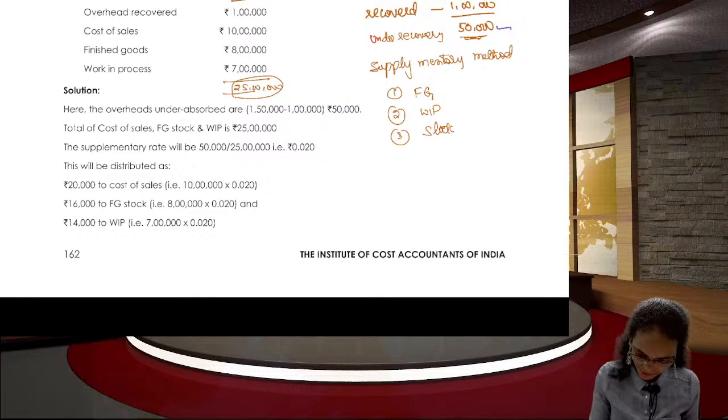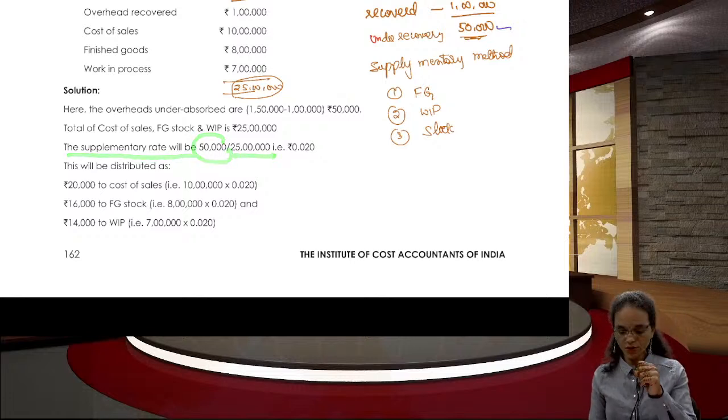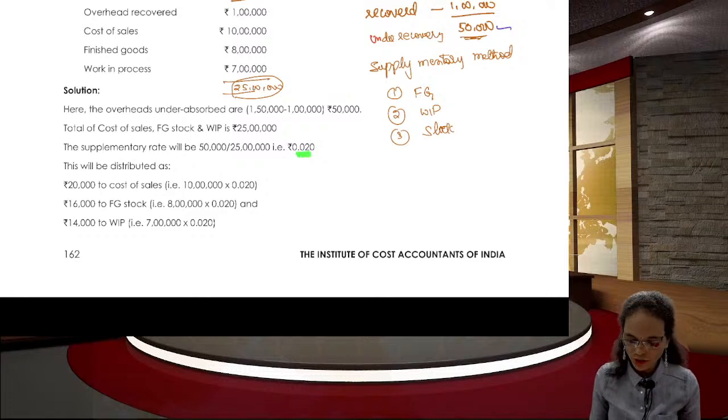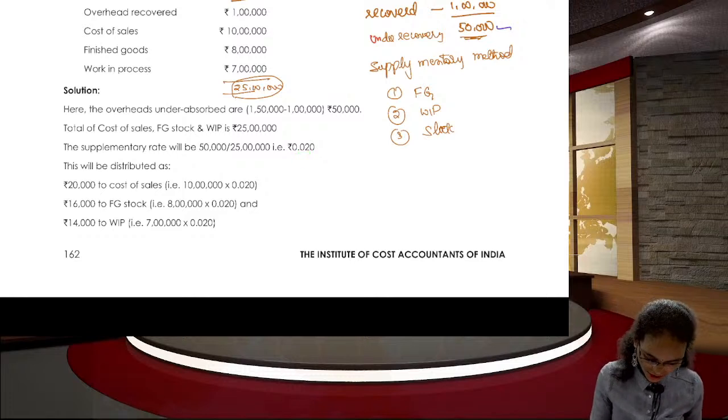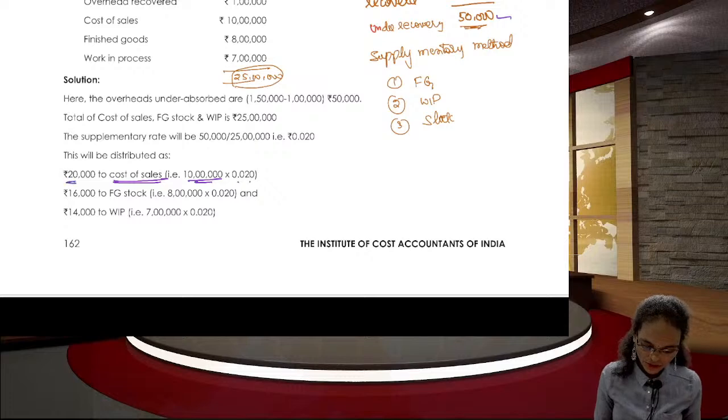How? Come back here. The supplementary rate is: 50,000 rupees you need to recover over 25 lakhs, that is 0.02. So for cost of sales, 10 lakhs into 0.02 is 20,000. For finished goods, 8 lakhs into 0.02 is 16,000.